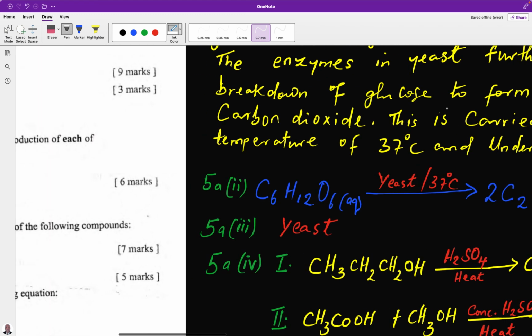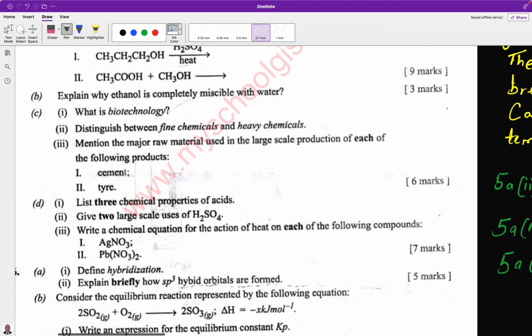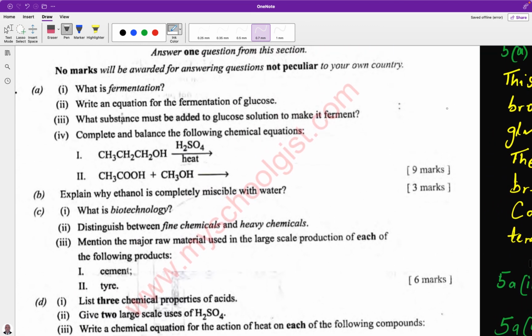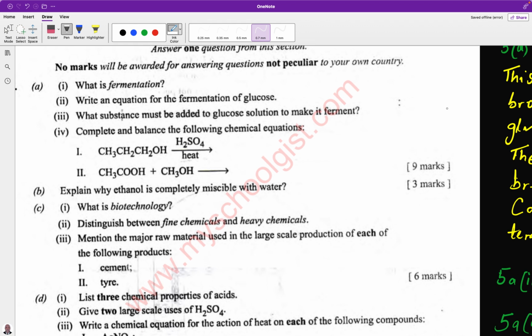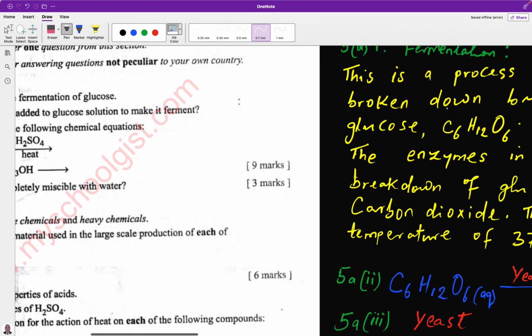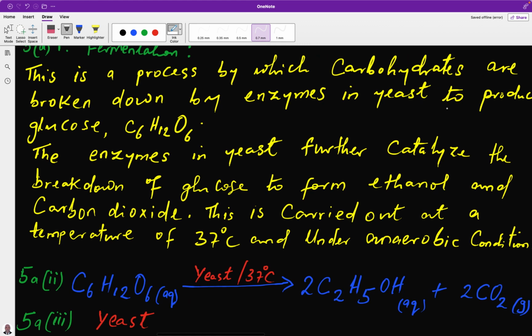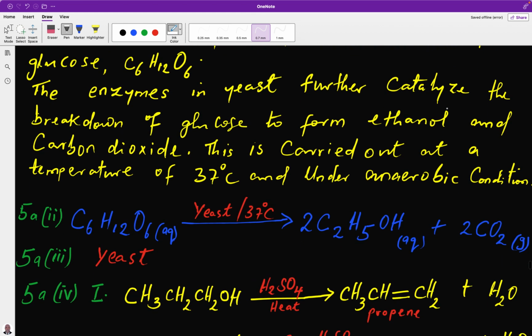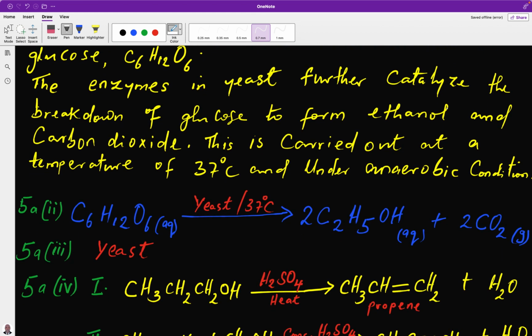Now, the third question is, what substance must be added to glucose solution to make it ferment? The substance that will enhance the fermentation of glucose is yeast.